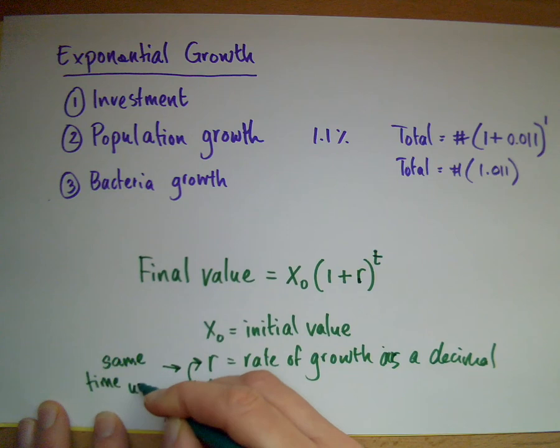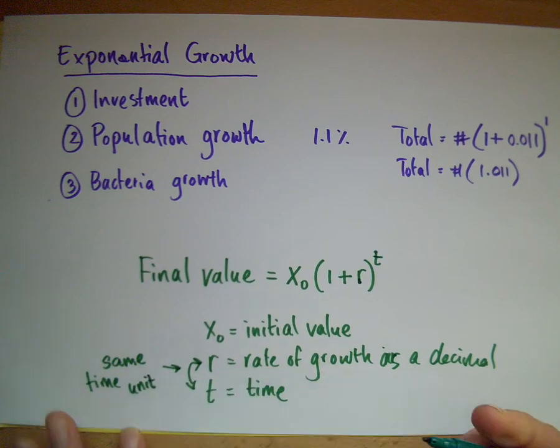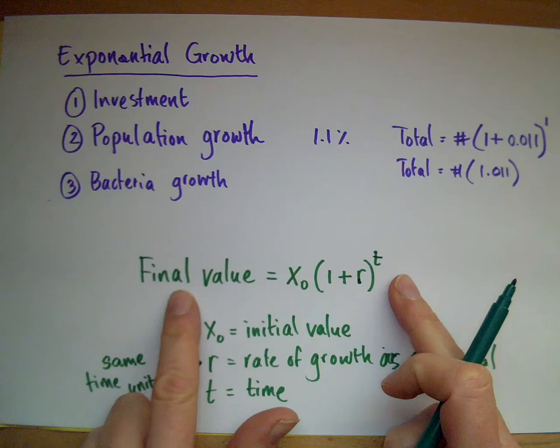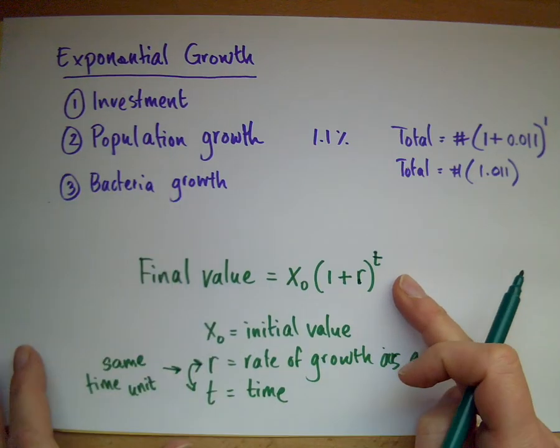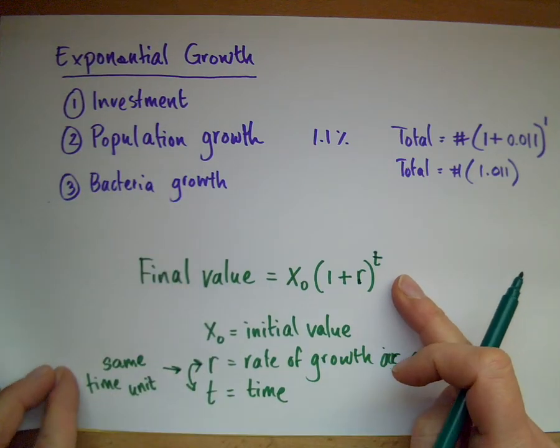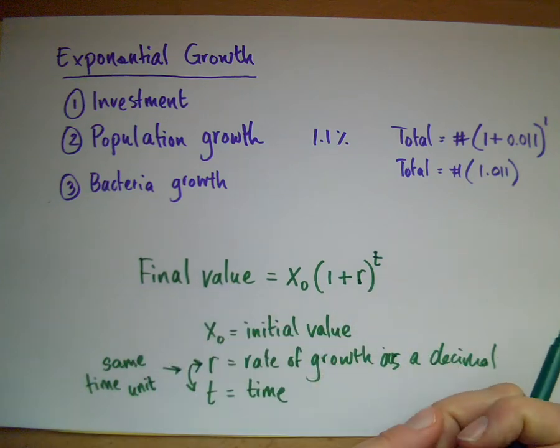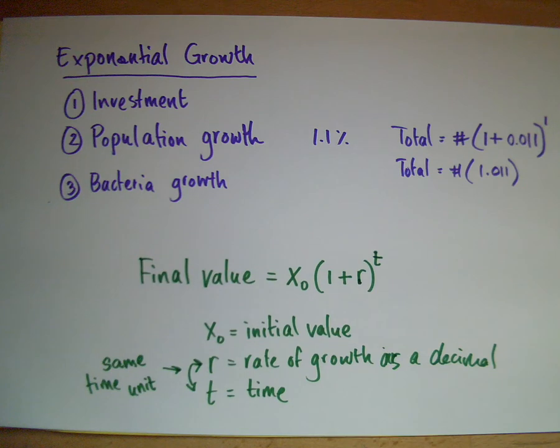And if they don't, you need to change one of them so that they are the same time unit. Very important. Okay, so this equation will work for any of these types of exponential growth. You'll need to do some problems where you plug in numbers and find other values, but I'm confident you know how to do that.